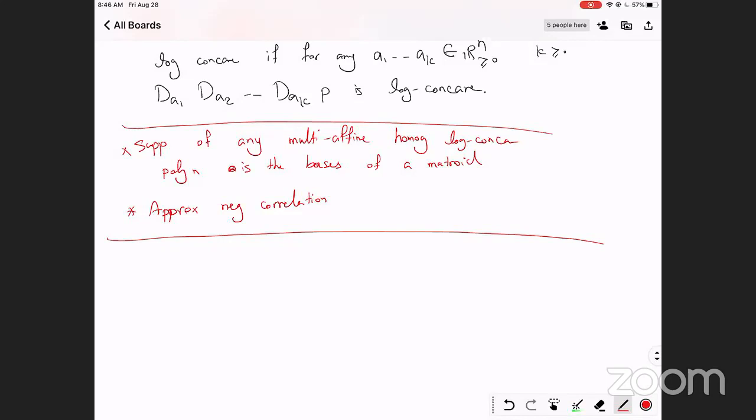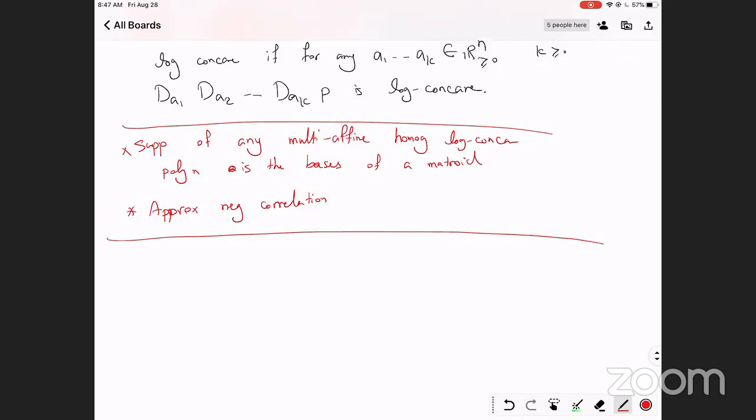For example, linear matroids over the real domain, you can realize them as real stable polynomials using the so-called mother of all stable polynomials theorem that we talked about, but not with constant 1. If you want to get them with constant 1, you most likely don't get a real stable polynomial because they're not negatively correlated. Okay, yeah, thanks.